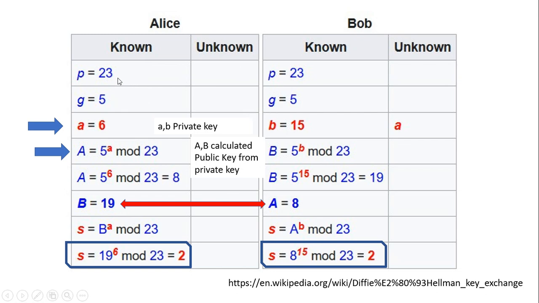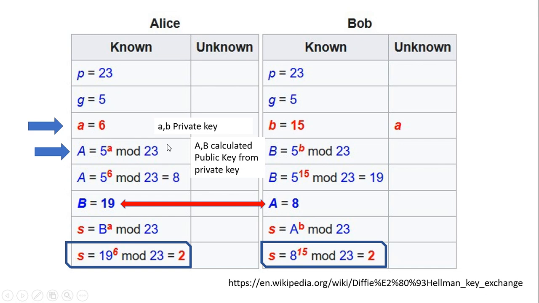So P equals 23 and G equals 5. Both parties agree on some common constant value for the calculation. Then after that, Alice generates a private key and Bob generates a private key.